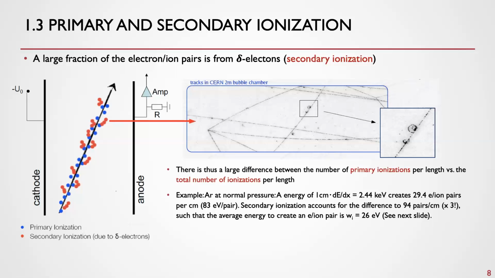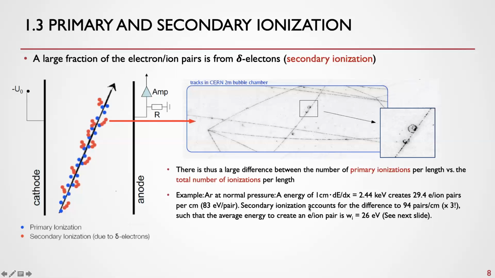That's the energy that an ionizing particle loses. That's a minimum ionizing particle. So it creates, on average, 29 electron ion pairs. And that means you think you have 83 electron volts per electron ion pair.